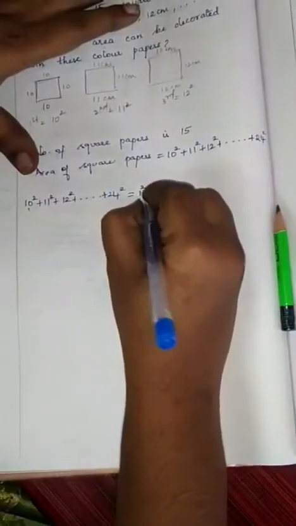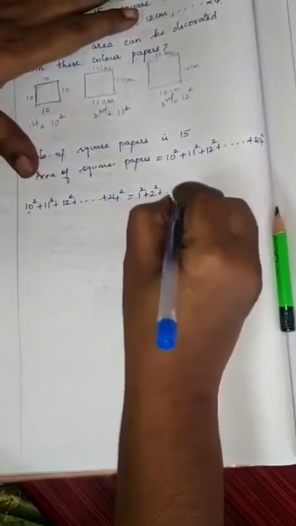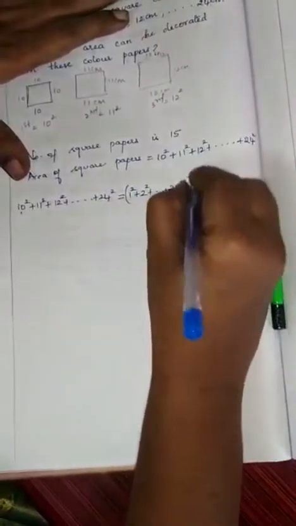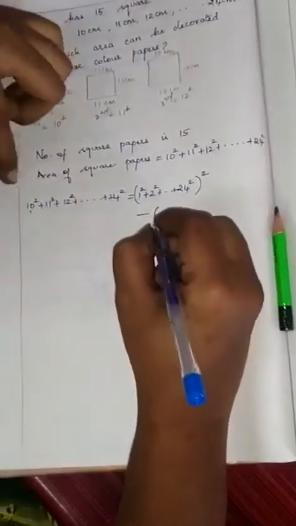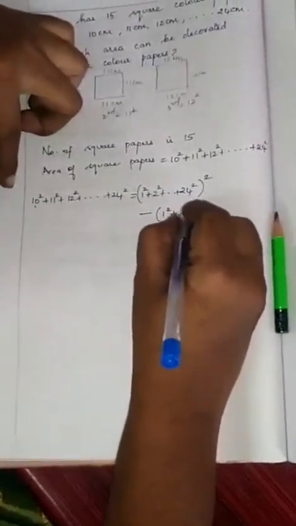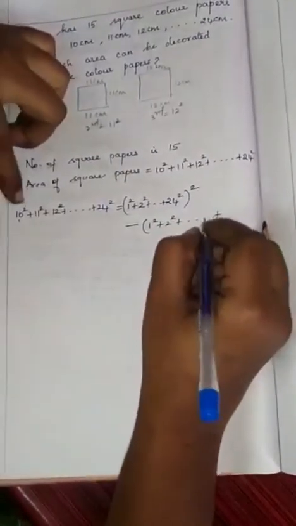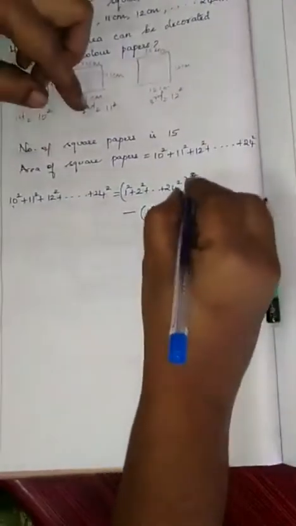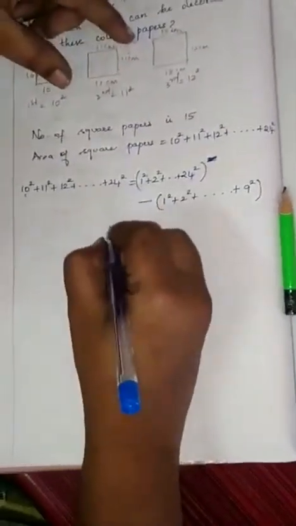So what you will do is, from 1 take till 24. So it is 1 square plus 2 square plus goes on still 24 square, minus, then from 1 take the previous number of 10. So 1 square plus 2 square plus goes on still, previous of 10 is what? It is 9 square.